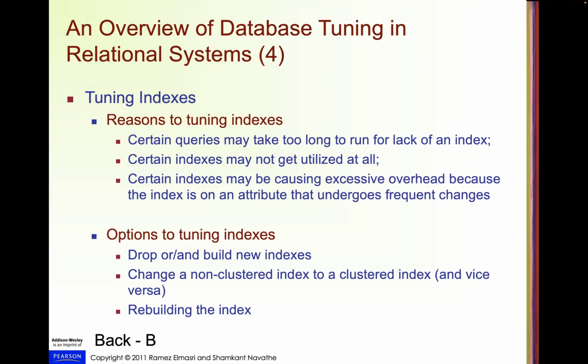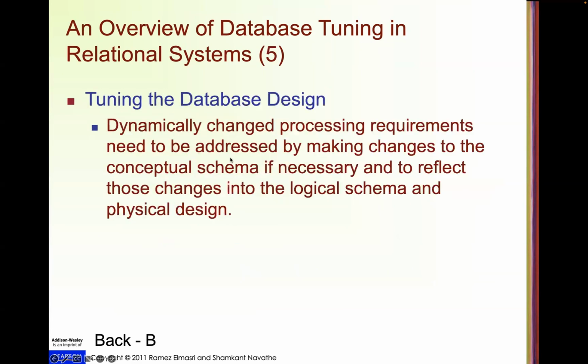It means if you feel the primary index is not useful, you might consider changing it into clustered. Okay, so these types of options are possible for tuning the indexes, and there are three reasons why we would need to tune the index that we have just discussed.